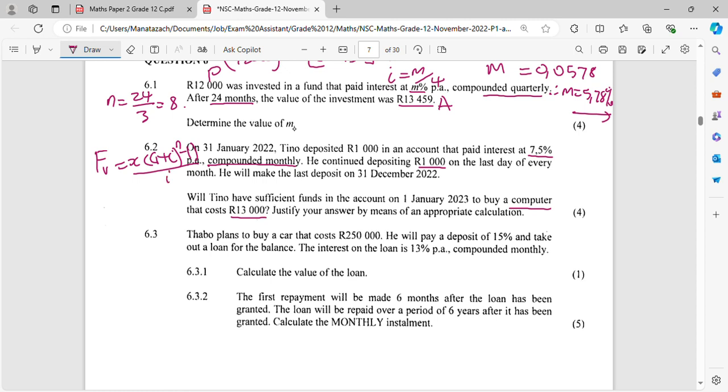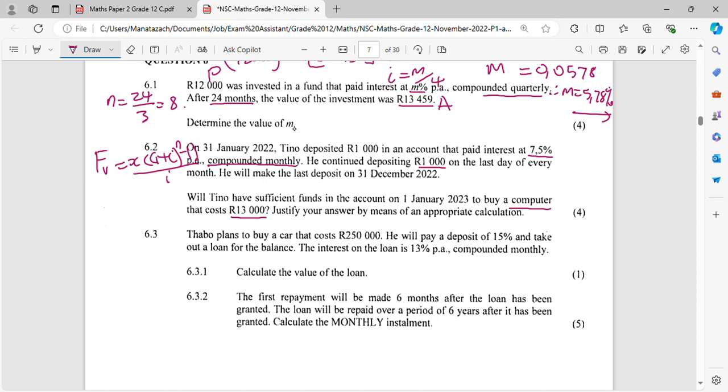So this is the formula we're going to be using. We're going to calculate the F, the future value. If the future value is 13,000 or more, then we'll conclude that he'll have enough. If it's less than that, then Tino won't have enough.